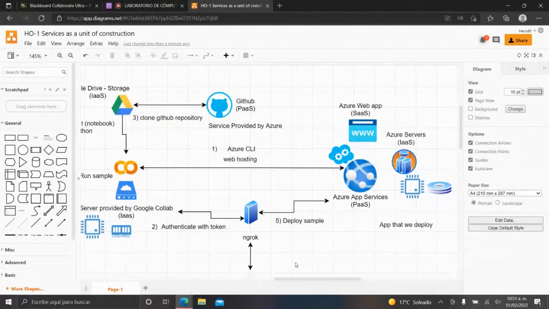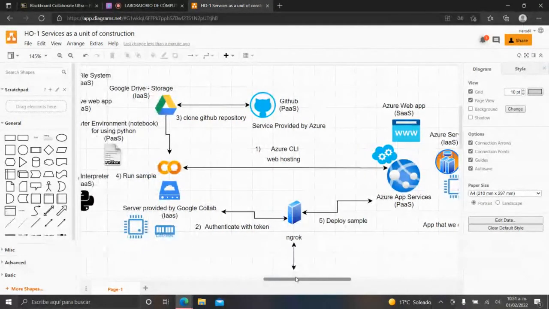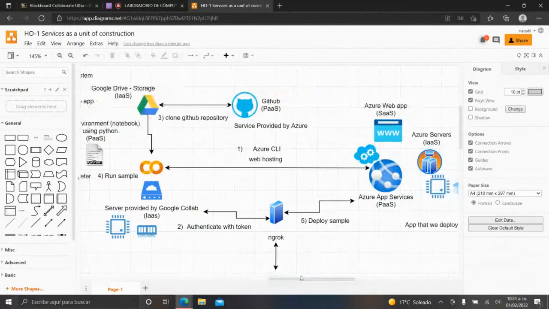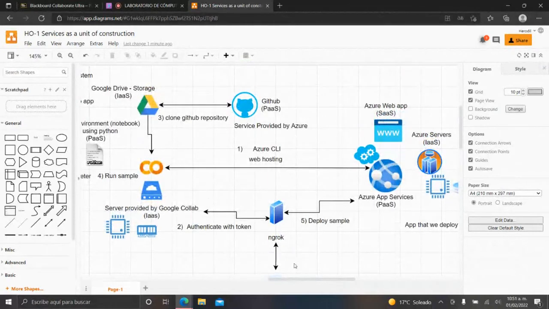Okay. Right. So now come the arrows. There is the same set of components independently of ngrok. The upper part of the figure without ngrok can be used to show two things.